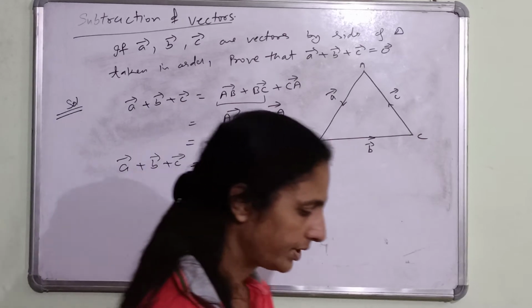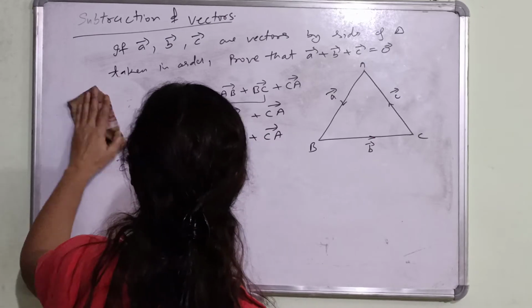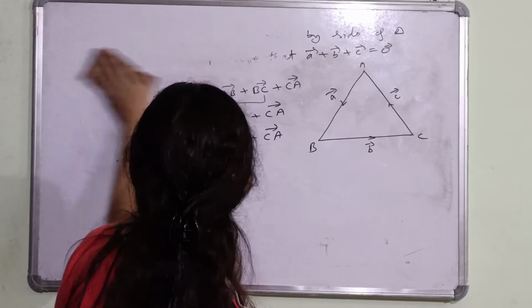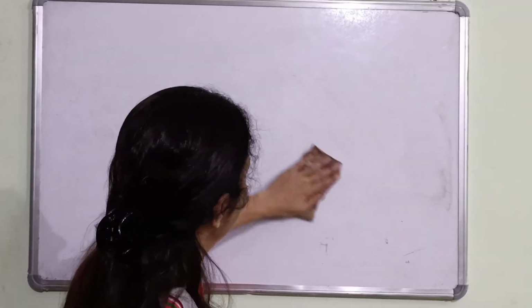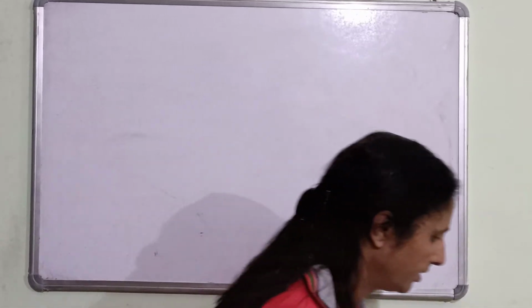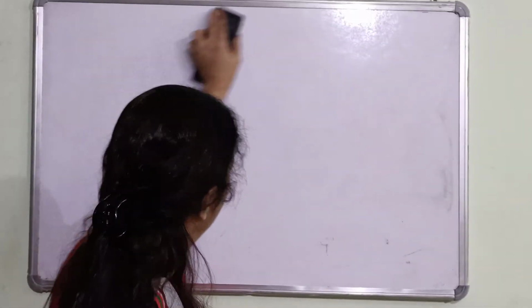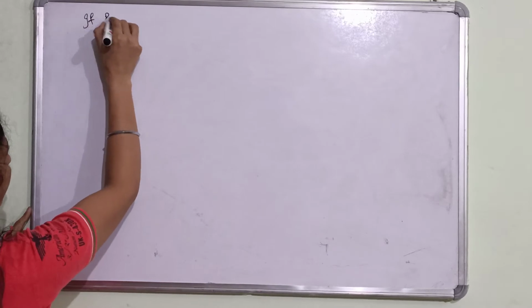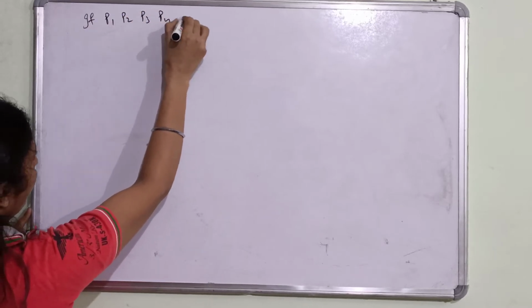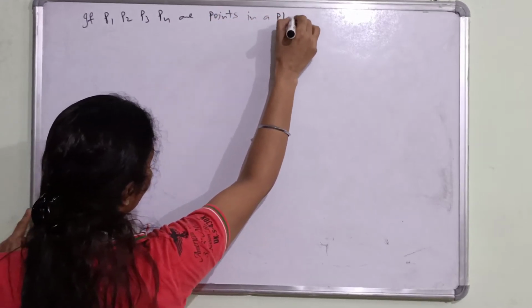Is that clear? Right. Now next, one more example. We'll take one more example. We have now 4 vectors. So one more example: if P1, P2, P3, P4 are points in a plane, right?